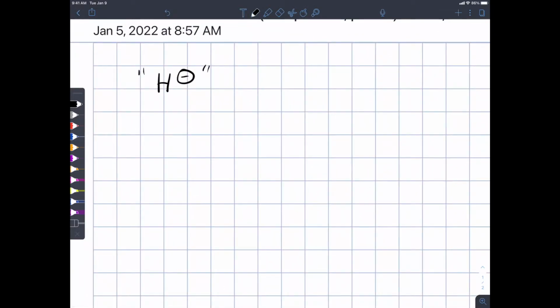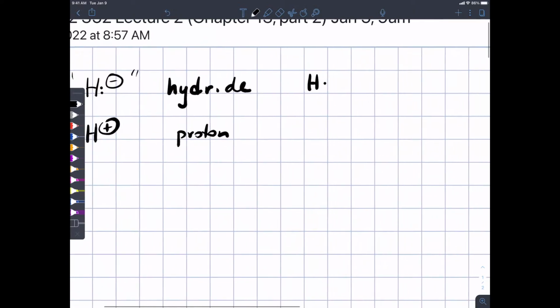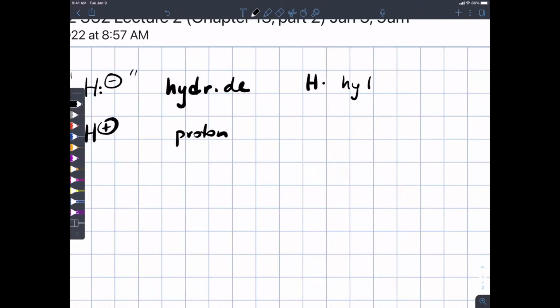By the way, I should be clear about some things. H-, hydrogen with 2 electrons and a negative charge, is called hydride. Of course, H+ we call proton. And if it's a hydrogen radical, we just call that a hydrogen atom or hydrogen radical.